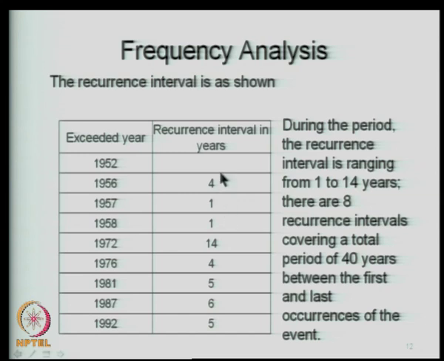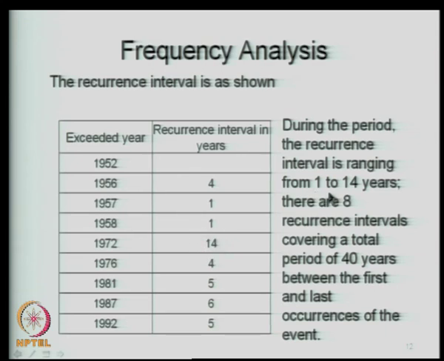Which means what? In the record that we have seen, the recurrence interval is varying between 1 to 14 years. The event returned sometimes as frequently as in 1 year, and as distantly as 14 years.